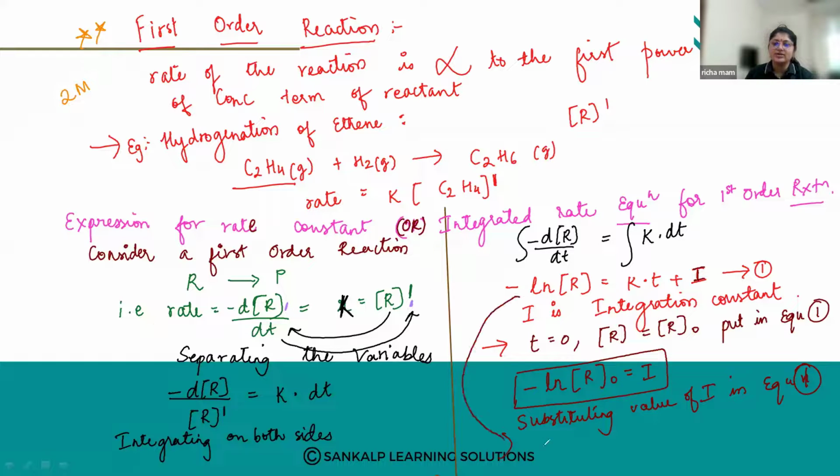So minus ln of R is equal to kt plus, sorry, plus of minus will be minus. So it is minus ln of r naught. Okay, got it up to here? Let me clear above.